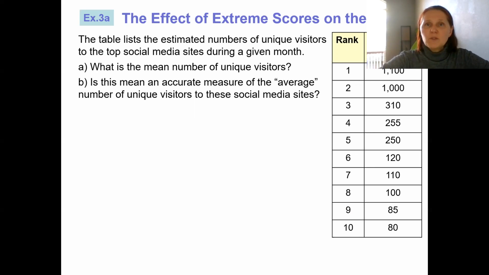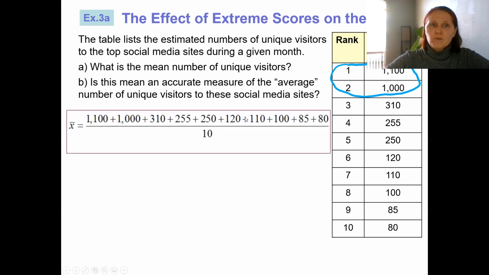Here is an example of the number of unique visitors for 10 different sites, and we have here 2 top sites with 1,000 or even more than 1,000 visitors. If you find the mean using our formula, so we add all 10 values and divide by 10, we will get the mean 341 million.